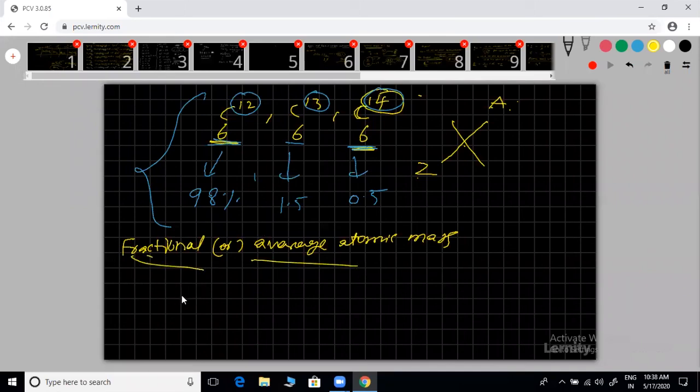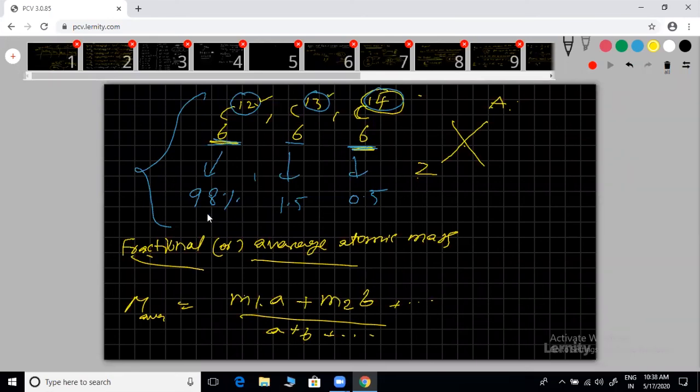Now write the formula here. Average mass equals M1 A plus M2 B and so on, over A plus B. M1 is a mass number, like 12; M2 is 13, like that you can take.